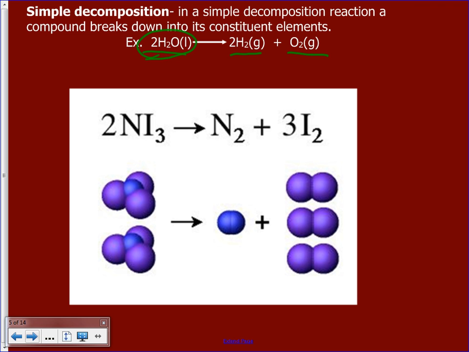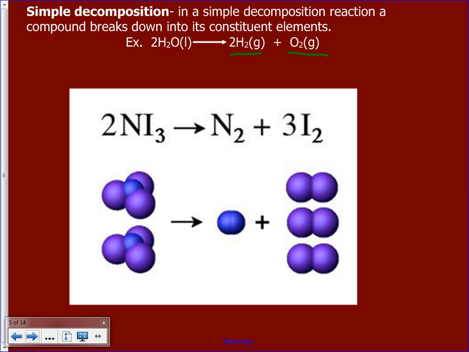This big 2 here means there are 2 molecules of water. And in every molecule of water, there are how many hydrogens? 2. So how many hydrogens are there? 4. That's how these numbers work. The big numbers mean multiply everything in the compound behind it by 2. So over here, do I still have 4 hydrogens?